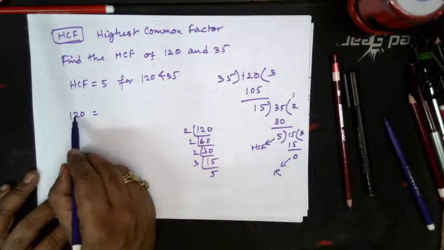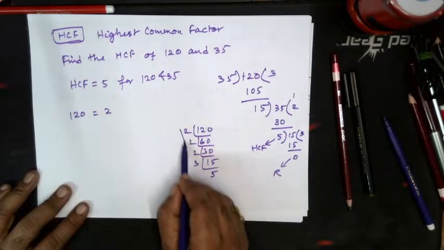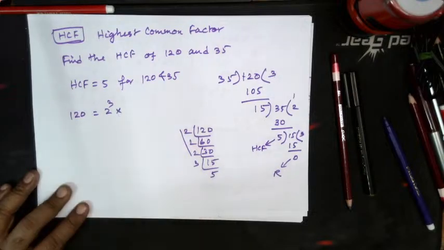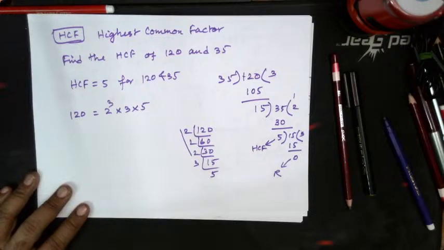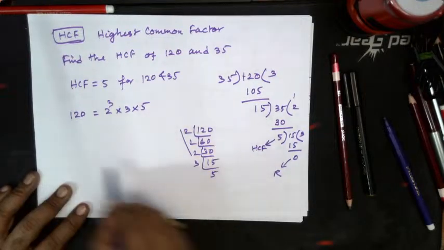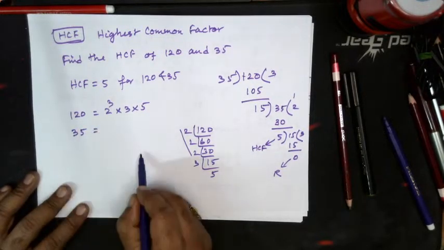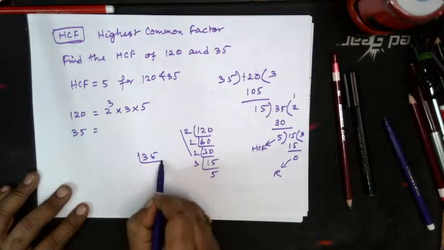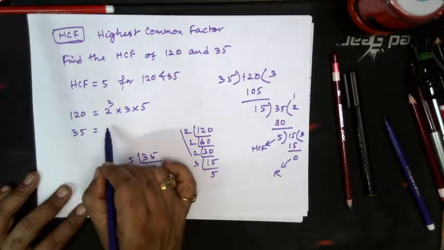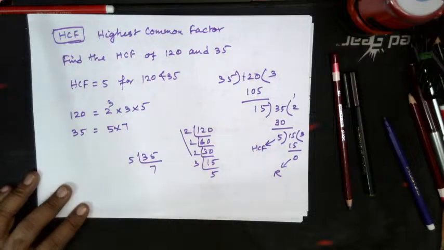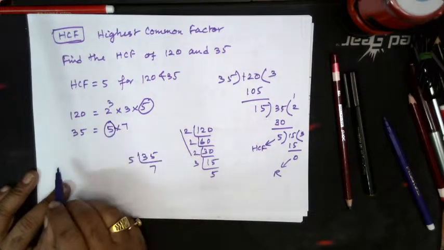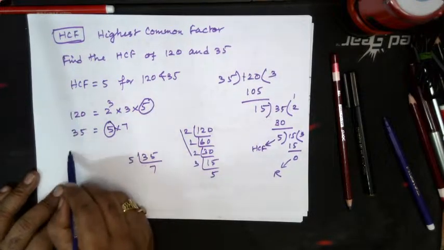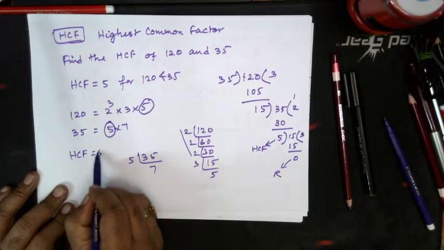So 120 is 2 power 3 into 3 into 5, right? And what about 35? 35 can be factorized as 5, 7. Now which is the common factor here? 5. And this is the highest common factor. So you declare HCF as 5.